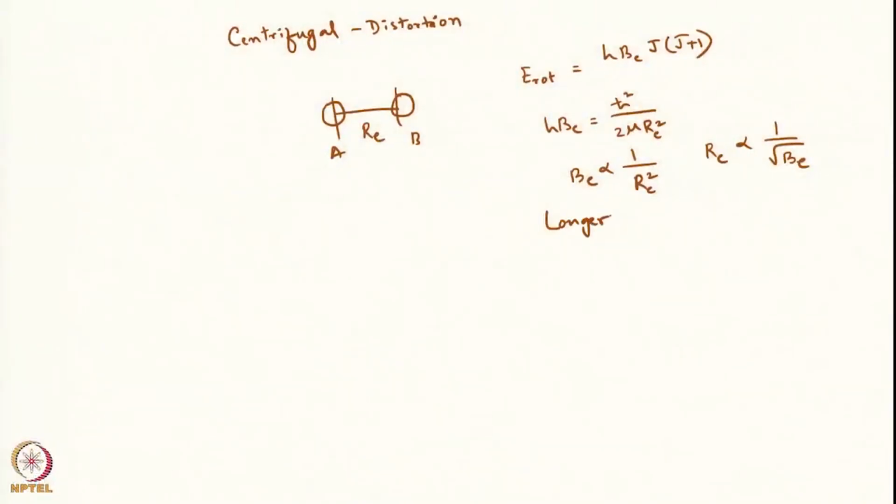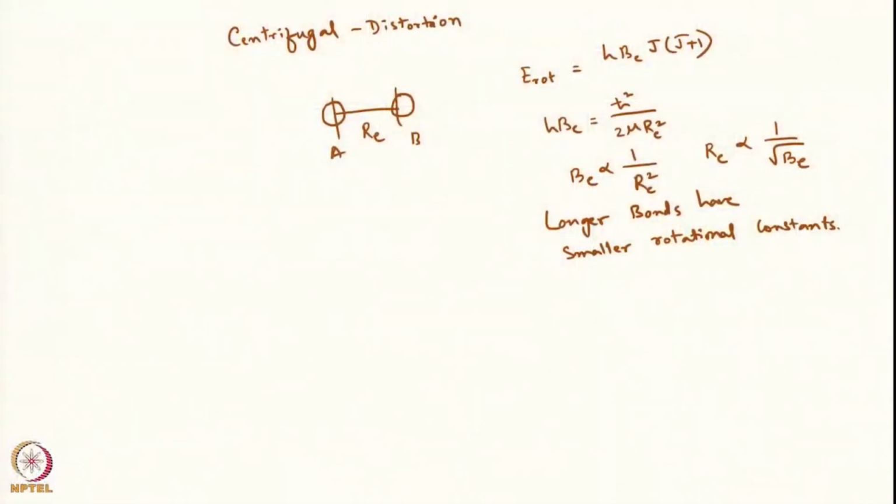So, longer bonds have smaller rotational constants. This is something that you must remember. If I take the same molecule AB and keep increasing its bond length, the rotational constant keeps going down.